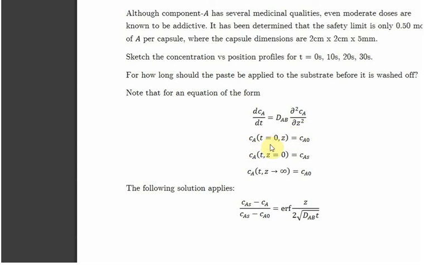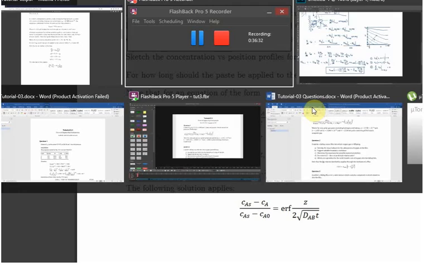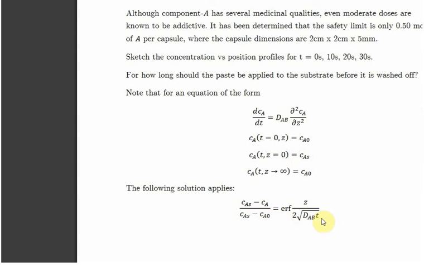At t=0 we have an initial condition applied. At z=0 we have a surface concentration, and if you look far enough into the substrate, you will get the initial value of the component A there. That was the system of equations we had for that case, and the advantage being that we can then apply this nice analytical solution.